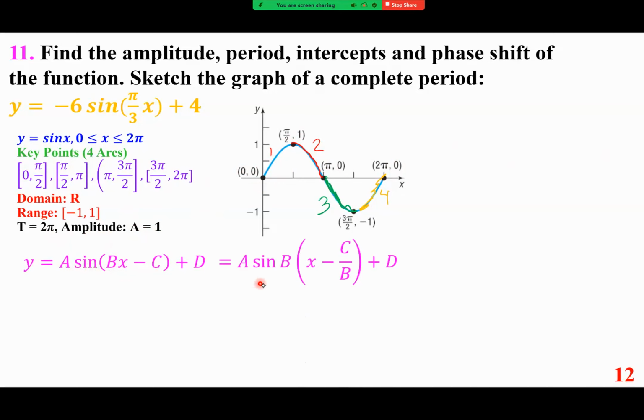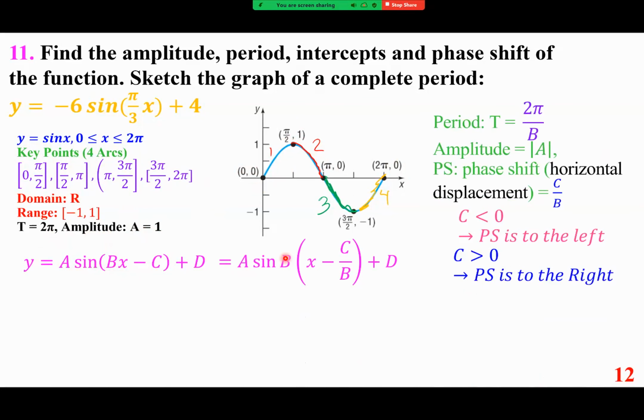Period is 2 pi divided by b. Amplitude is the absolute value of a. The PS, short for phase shift, the horizontal displacement, is c over b. Pay attention: if c is less than 0, phase shift is to the left. If it's positive, it's to the right.